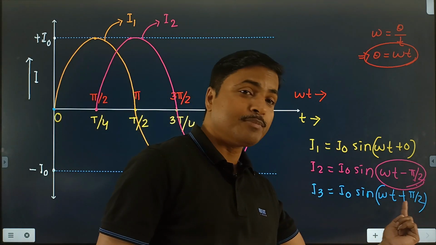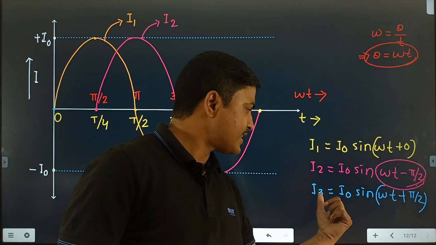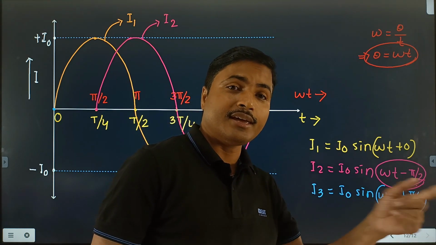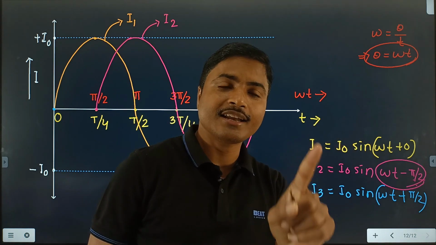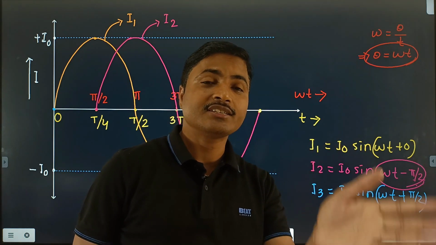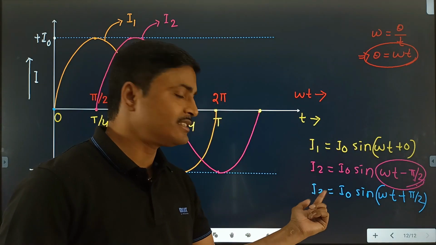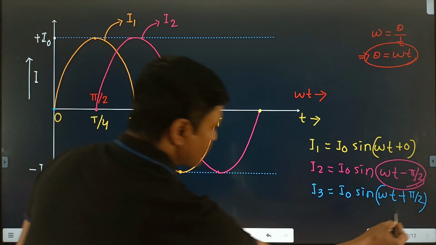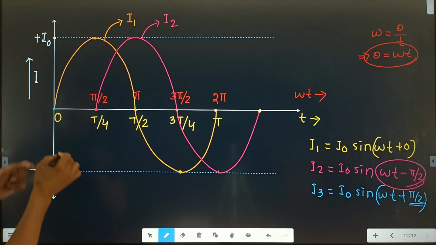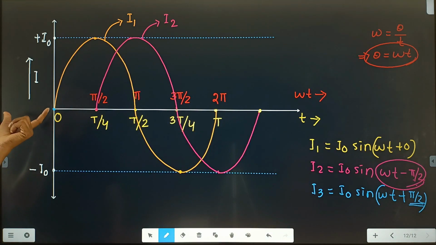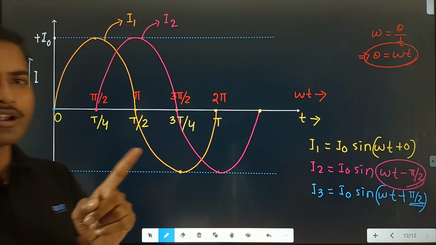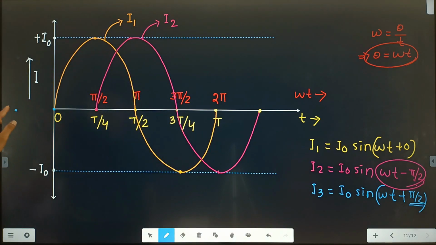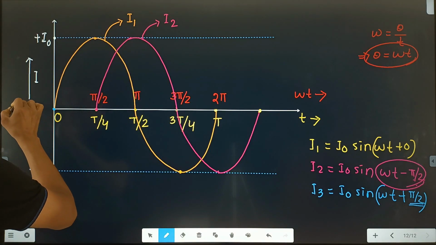The initial phase of I3 is plus pi by 2, that means I3 starts before I1 by a phase angle of pi by 2. From this point to this point is pi by 2. That means current I3 starts from this point. Now draw the graph.